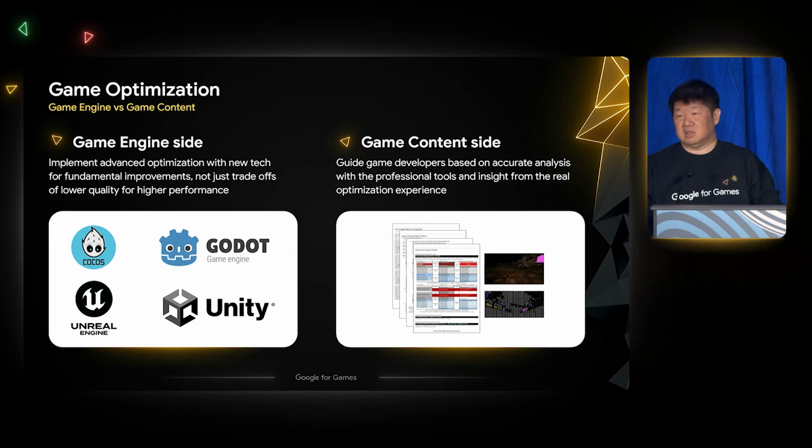But still, developers are really confused about what the really important counters are and what is a really good way of guiding them to optimize their game content better. So we once decided to work with a game studio to optimize their game.